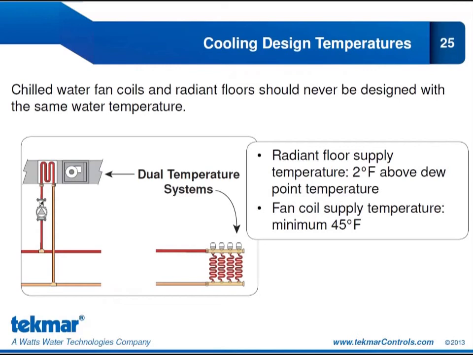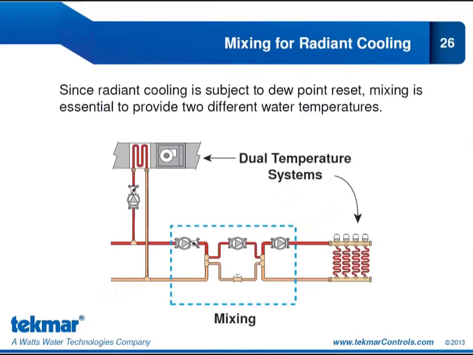That's why it is absolutely critical that when we are designing a system that has radiant cooling and a forced air cooling system, that we include mixing. We have to isolate those two water temperatures. The radiant floor cooling will be subject to dew point reset, and that is essential to make sure that we avoid condensation on the floors.